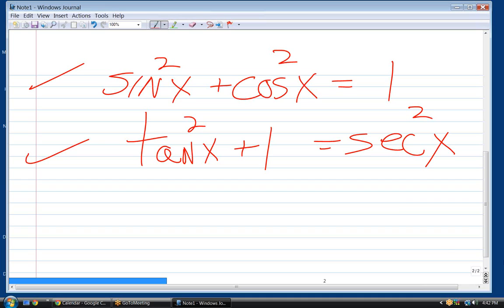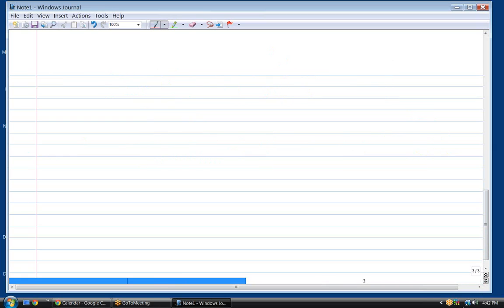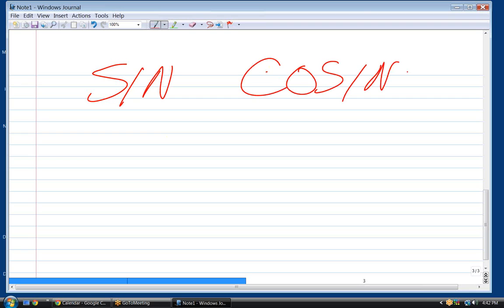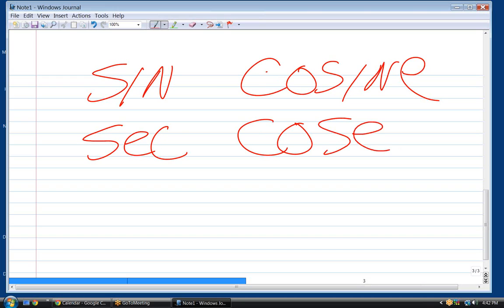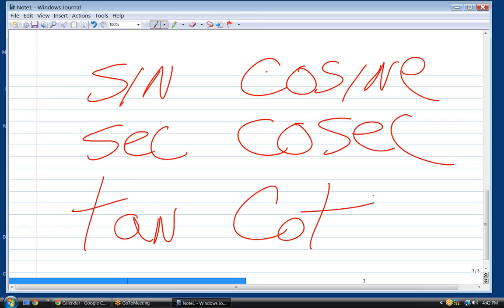Now, for a moment, let's talk about what cofunctions are. The cofunction of sine is cosine. The cofunction of secant is cosecant. And the cofunction of tangent is cotangent. In other words, you just stick a co in front of the word.